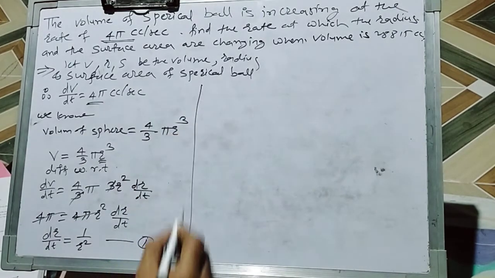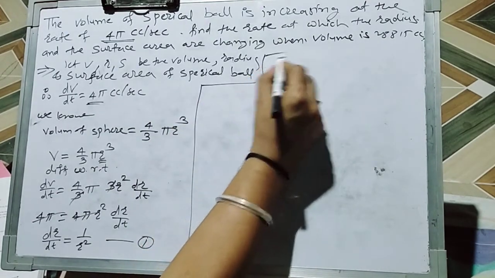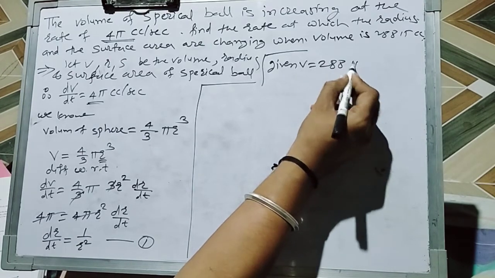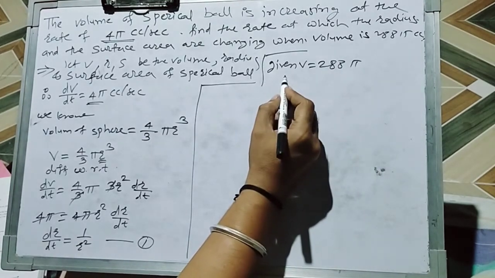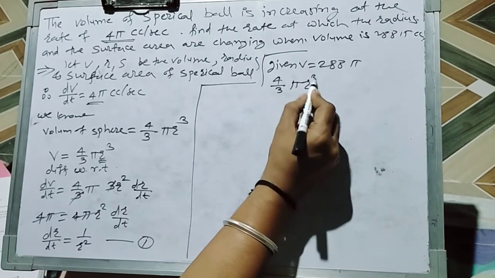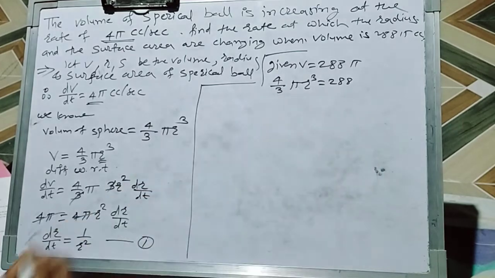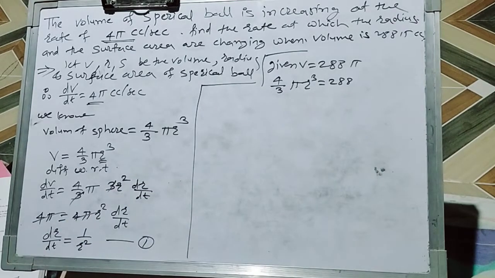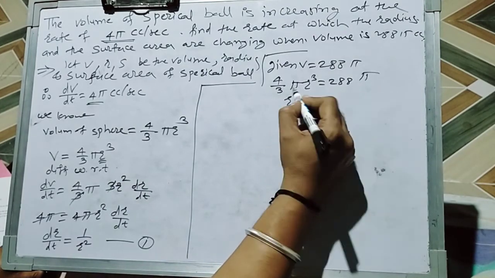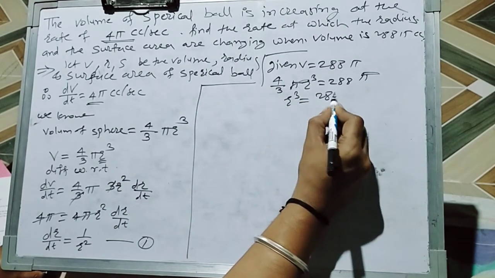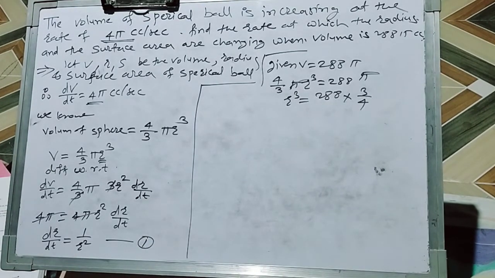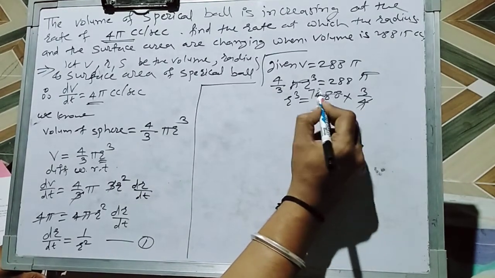Now here given volume is equal to 288 pi. So therefore volume means 4 divided by 3 pi r cube is equal to 288 pi. So pi gets cancelled. r cube is equal to 288 into 3 divided by 4. So 4 sevens are 28, 4 twos are 8.